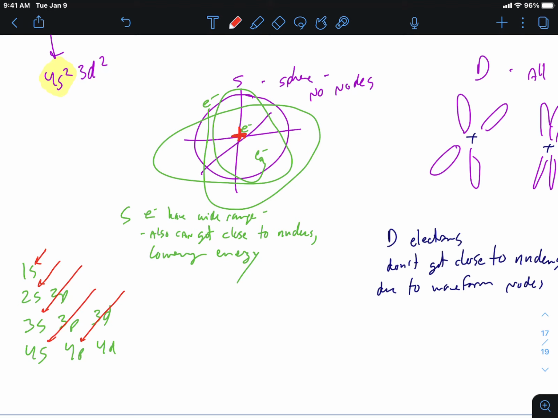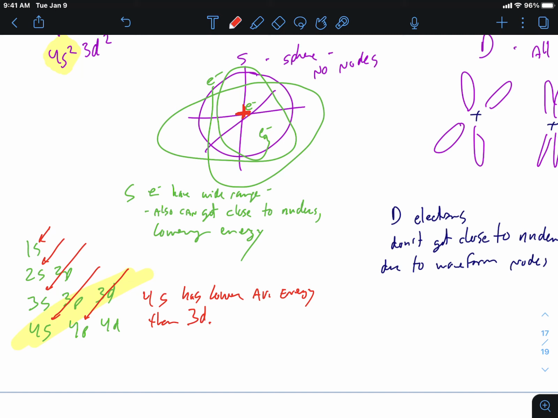So that's why we fill 4s first. But if I am now going to be removing electrons, even though 4s has lower energy, and by saying 3d has higher average energy, it sounds like it would be easier to remove a 3d electron, but that's not the case because 3d is tucked underneath the range of the s electrons.